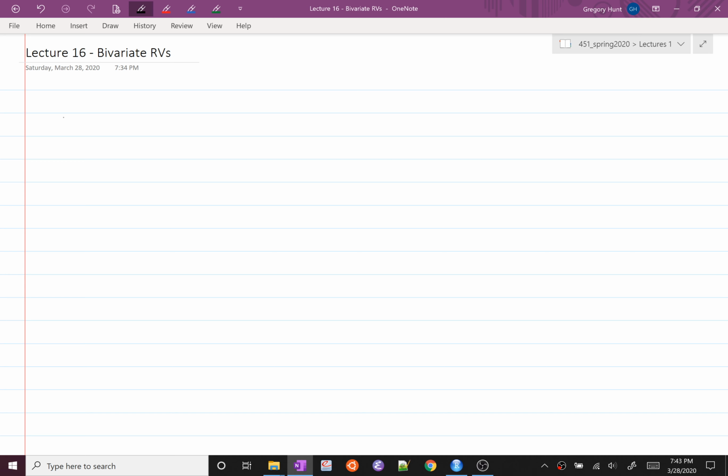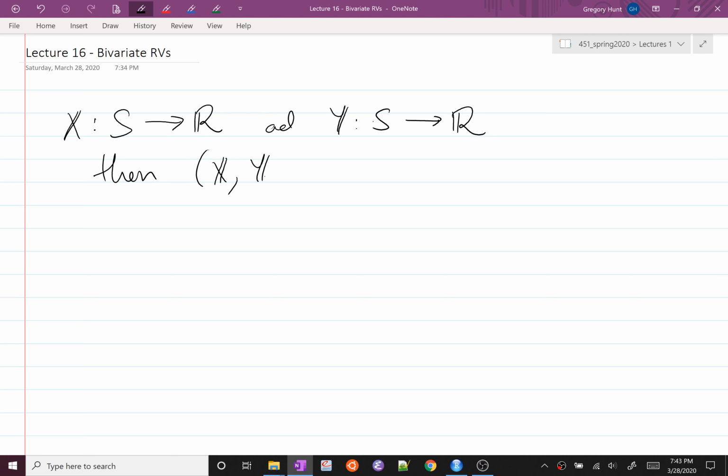One is if I have two univariate random variables. Let's say x is a random variable that goes from some sample space S to R, and y is some other random variable that goes from the same sample space to R. Then we call the pair x comma y a bivariate random variable.